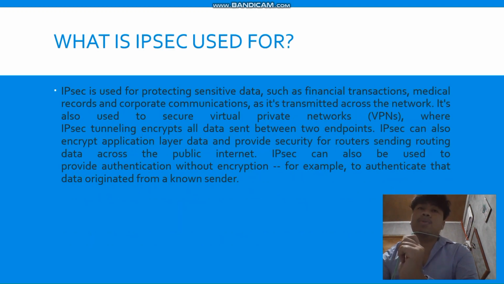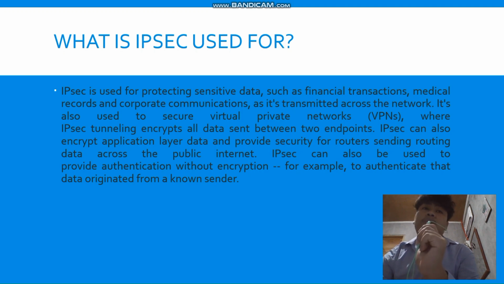What is IPsec used for? IPsec is used for protecting sensitive data such as financial transactions, medical records, and corporate communications as it's transmitted across the network. It is also used to secure virtual private networks, where IPsec tunneling encrypts all data sent between two endpoints.